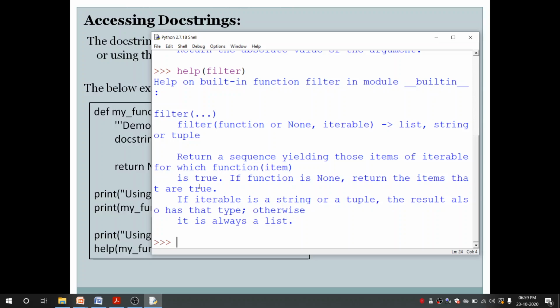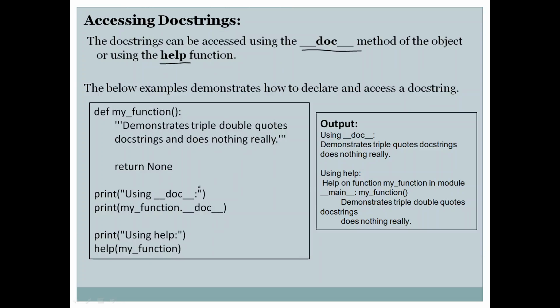Now we will go back to our PPT and we will see how this documentation string can be added in the function or a class. Okay, look at this example now. Suppose we are creating a function here, def my_function, and in this function we want to add a docstring. So the docstring is added just below the function declaration. So we have triple quotes.